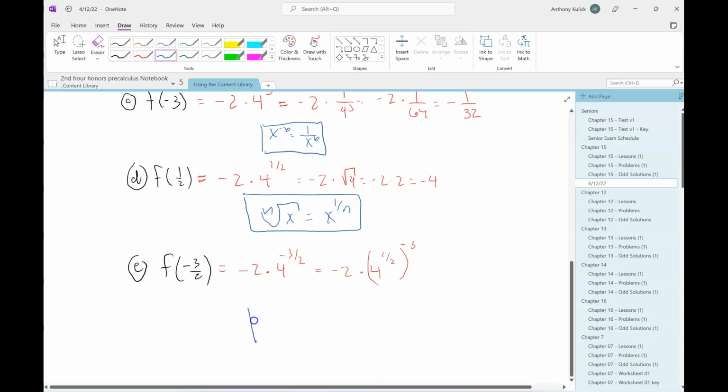The rule that I used to do that was that an exponent of an exponent is the same thing as the product of the exponents.